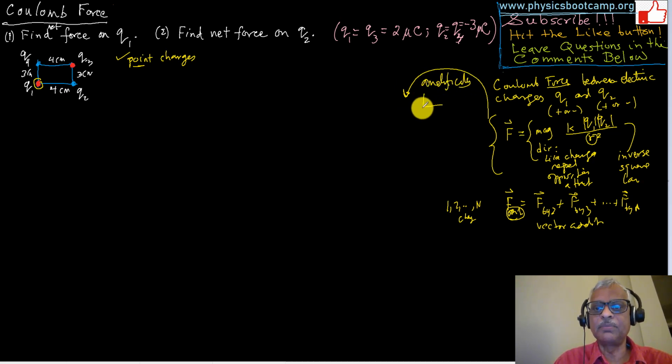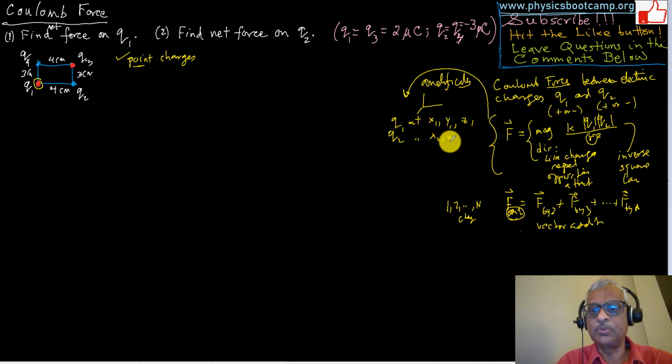It means you're going to have some kind of coordinate system. So in that coordinate system, say q1 at x1, y1, z1, and q2 at x2, y2, z2.